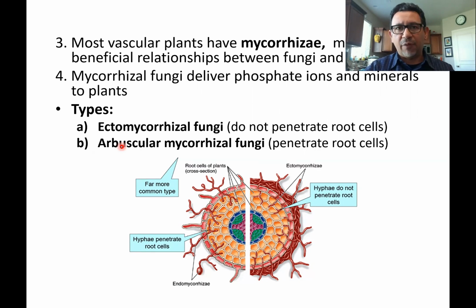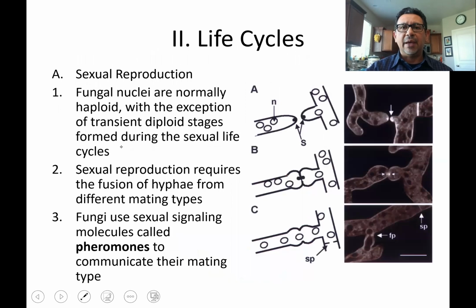What does the plant provide to the fungus? The plant does photosynthesis and produces organic compounds like sugars and amino acids. And so the plant root will be providing those sugars and amino acids to the fungus. That's how the win-win relationship goes for the fungus and the root of a plant in mycorrhizae.